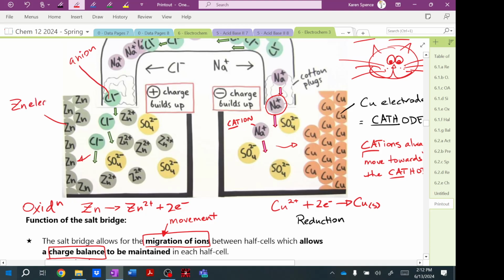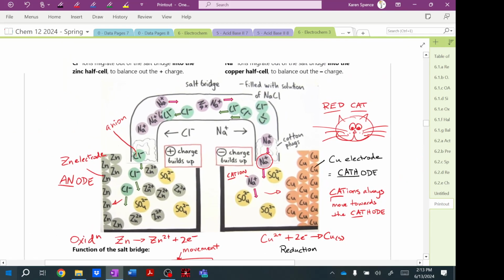Zinc electrode is the what ode? Anode. So we're starting to build a vocabulary, like a consistency around this, right? Yes. So the cations move towards the cathode, the anions move towards the anode.